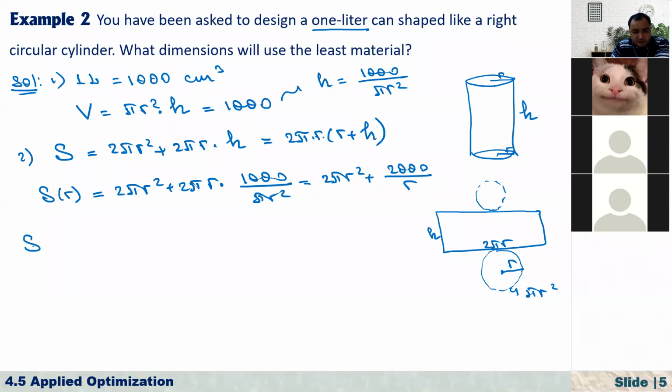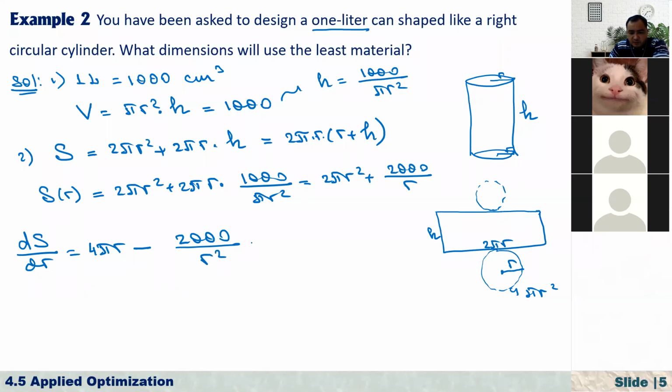So if you differentiate S with respect to r, or just to make this clearer, let me write dS/dr, the derivative with respect to r, that's equal to, differentiating the first part, 4πr, minus, because here we have r in the denominator, the minus 1 comes to the front, so minus 2000 over r².